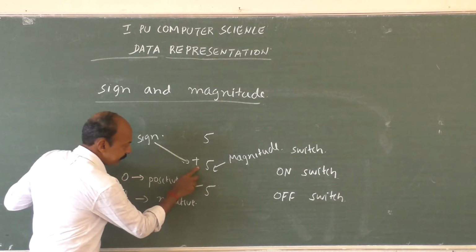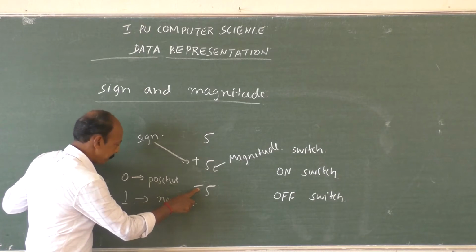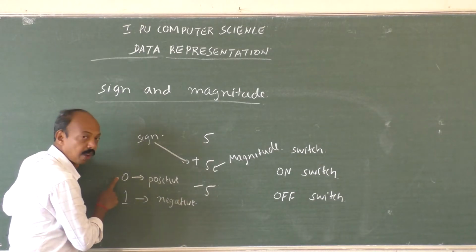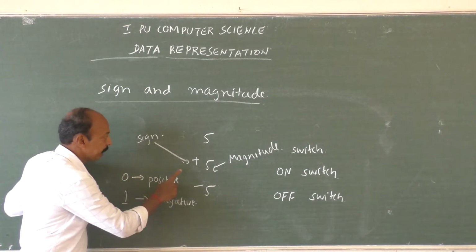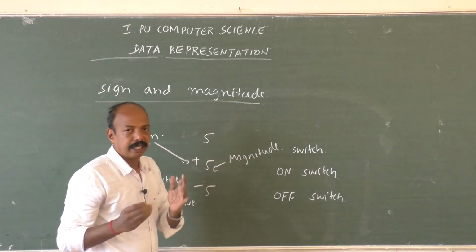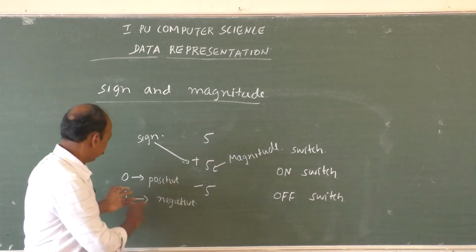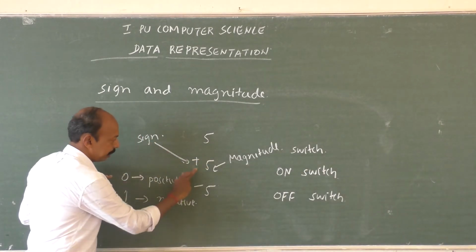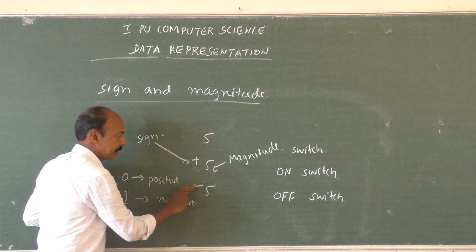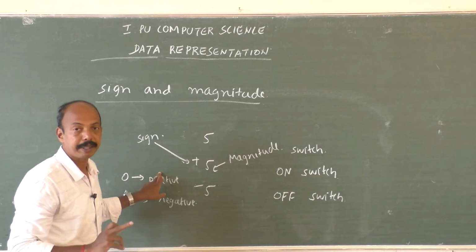That means this symbol, either plus or minus, will be represented with either 0 or 1, and already we have seen LSB is there, MSB is there, isn't it? So this particular symbol will be written in the place of MSB.